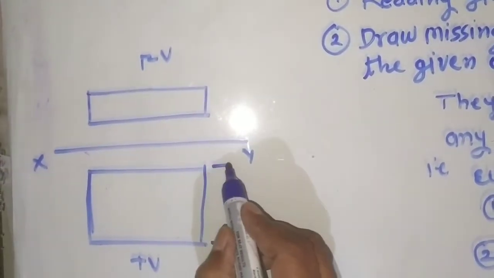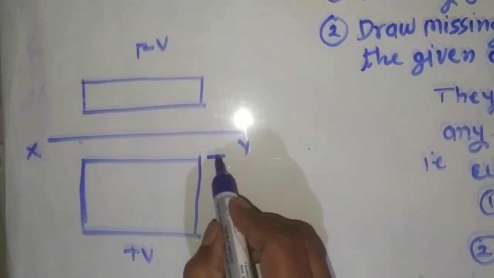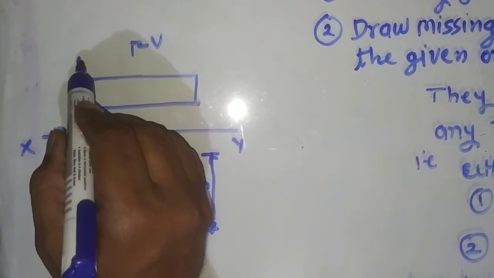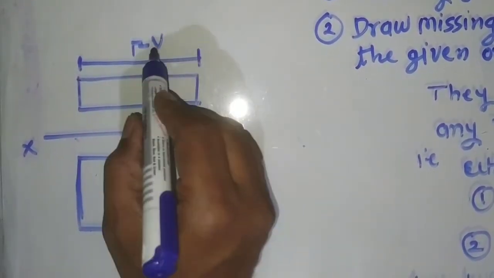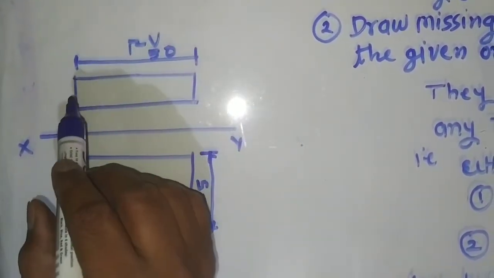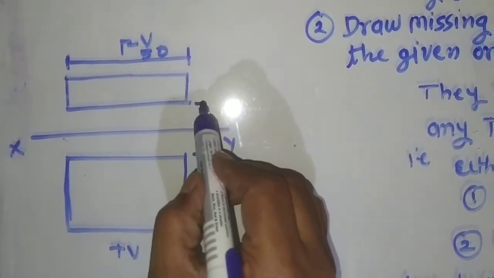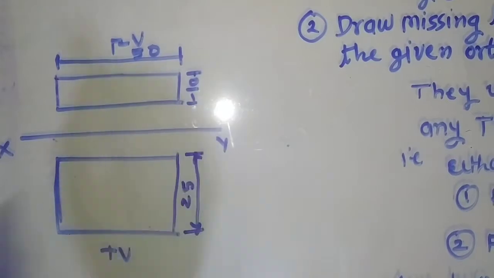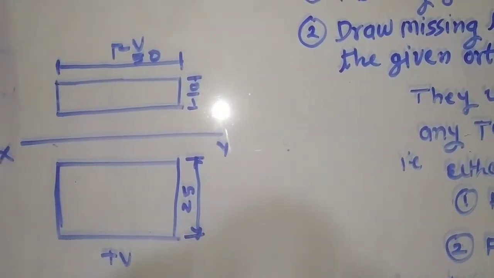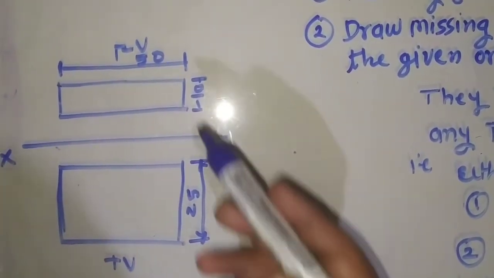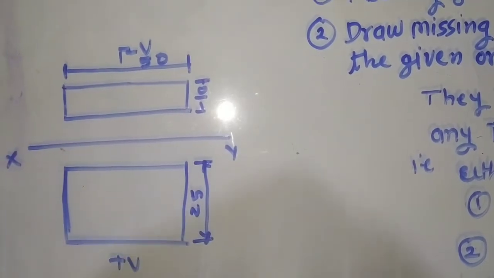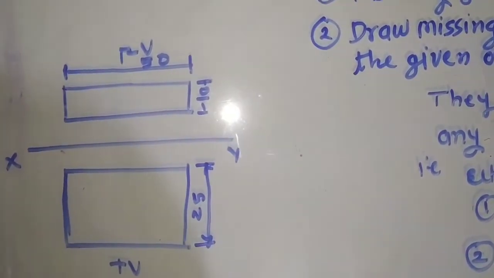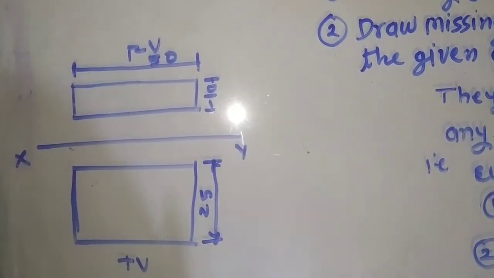This is 25 mm, this length is 50 mm, and this is 10 mm thickness. And they will say the figure shows the front view and top view of the object. Redraw the same figure and complete the side view. Here the missing view is the side view.